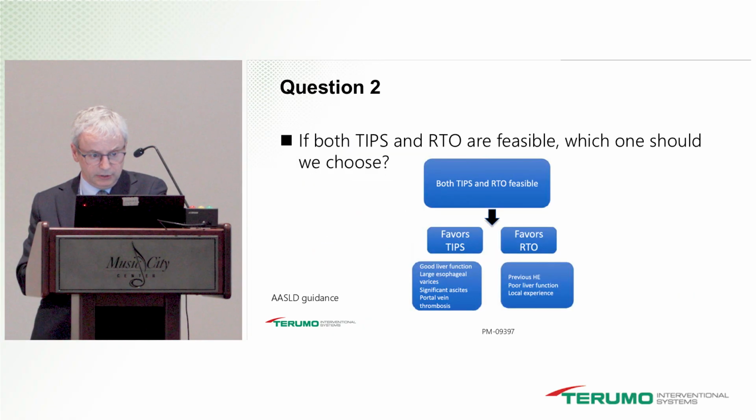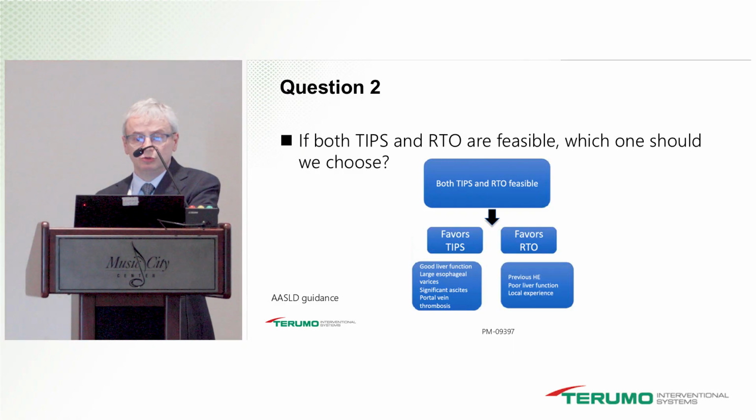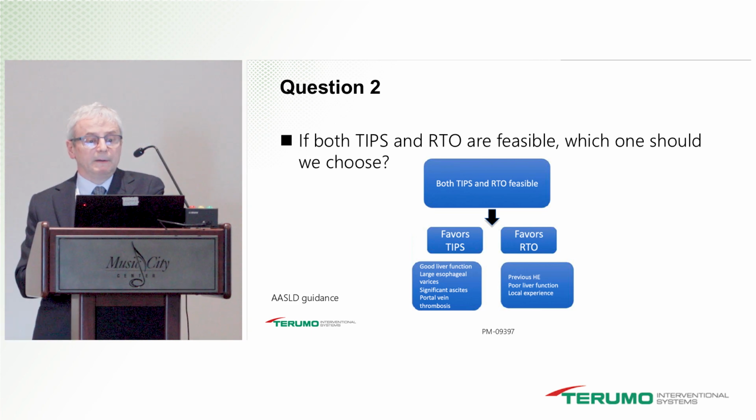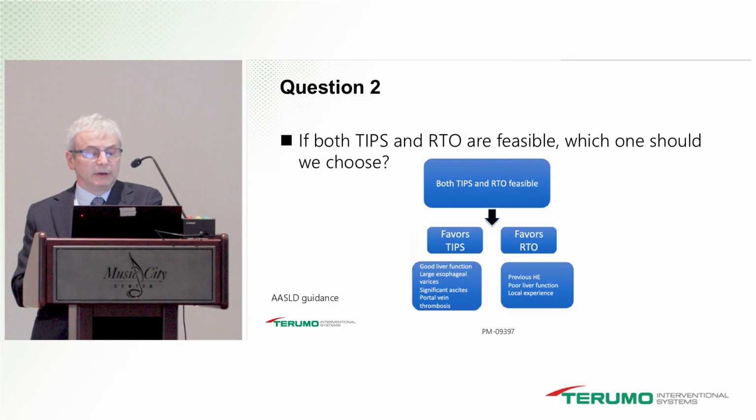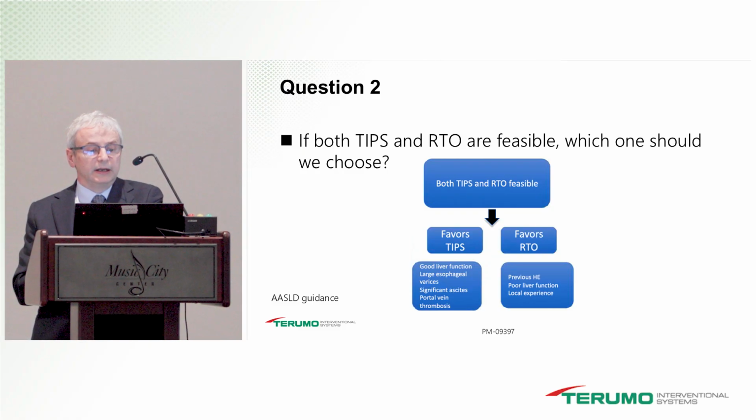So the second question: if both TIPS and RTO are feasible from a vascular anatomy point of view, which one should we choose? The use of TIPS will be favored if there is very good liver function, there are large esophageal varices that might get worse with RTO, and there is significant ascites, as in a patient with refractory ascites.